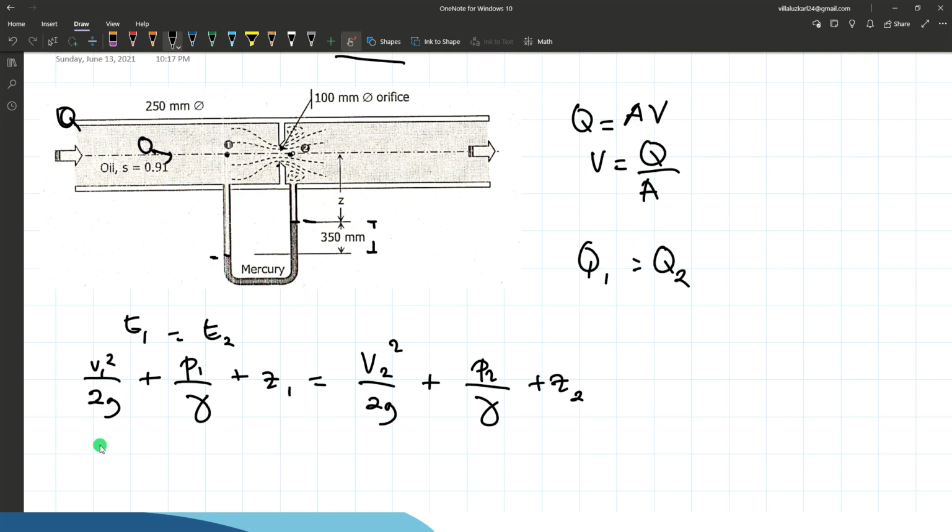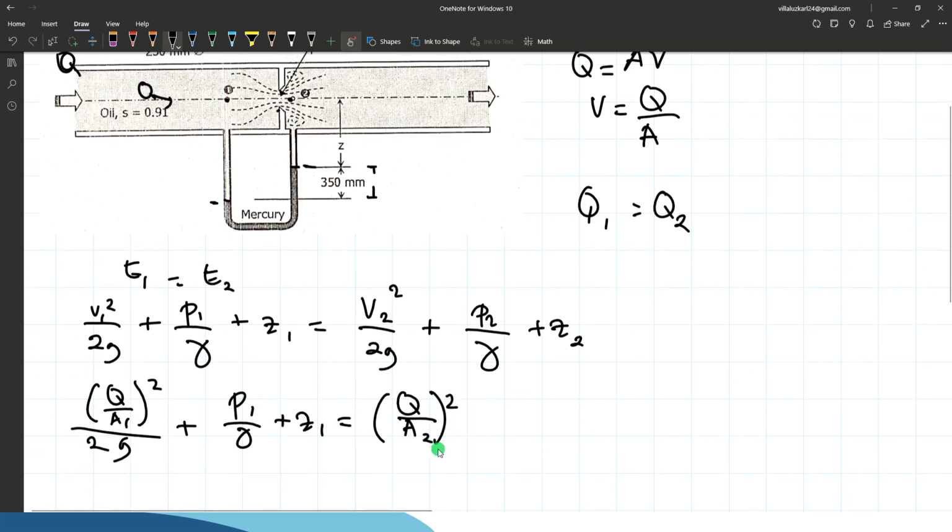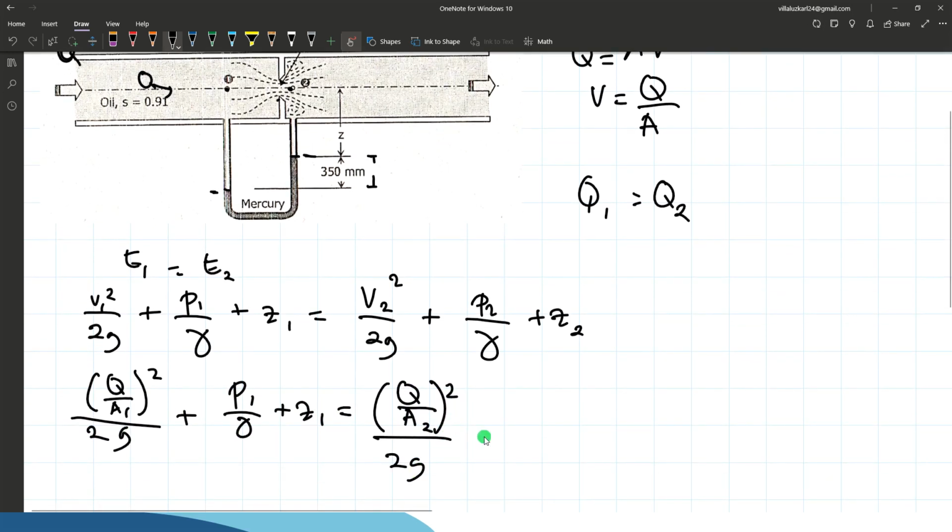For velocity 1, we have (Q over area 1) squared over 2g plus P1 over gamma plus Z1 equals (Q over A2) squared over 2g plus pressure at point 2 over gamma plus Z2.